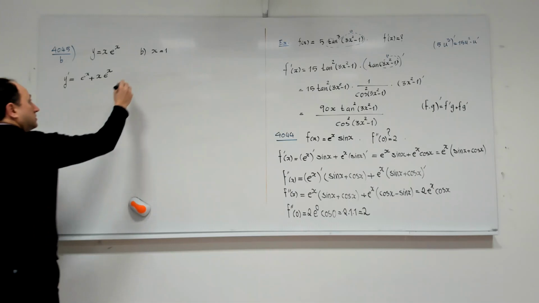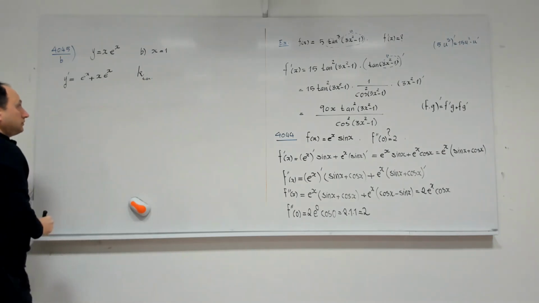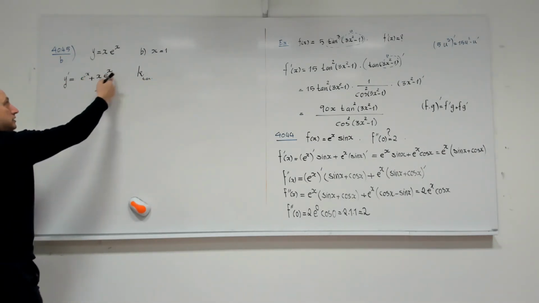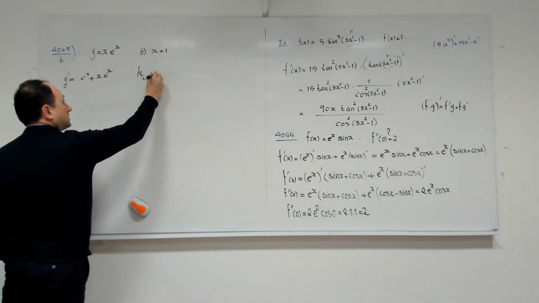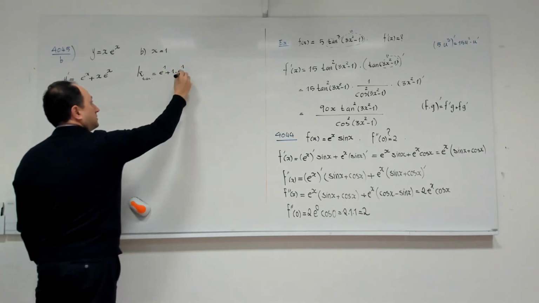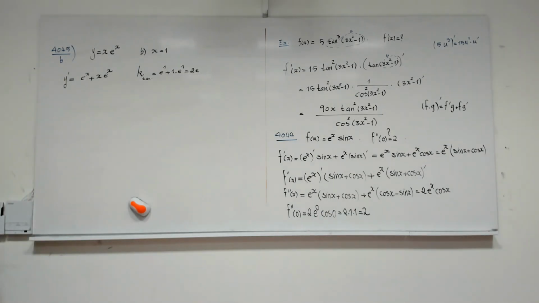But then I ask you to find the k value for the tangent, yes? It means that I have to go here, replace the x values with the x coordinate of the point of tangency. So it means that this becomes e to power 1 plus 1 times e to power 1. This becomes 2e, yes? That is the k value, and then we are done.